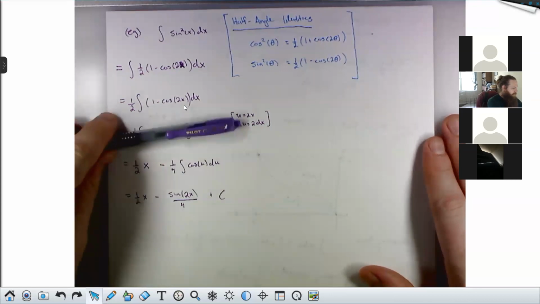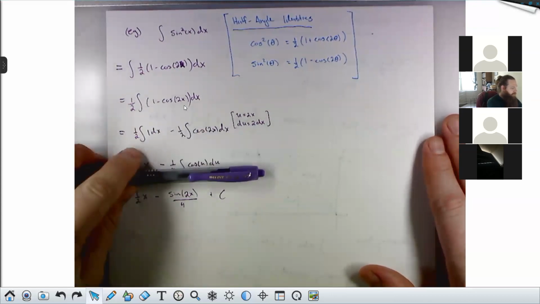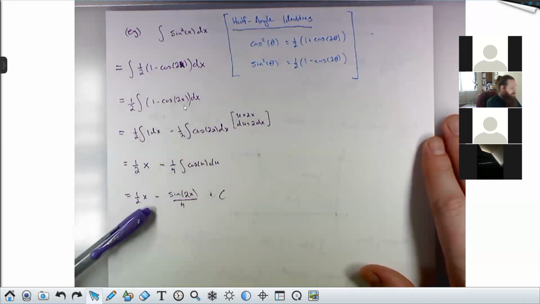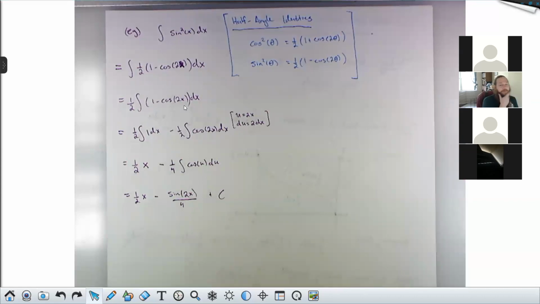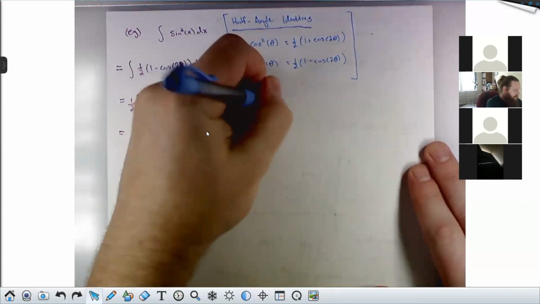And most people wouldn't write either of these steps. Most people would just jump from here to here. Little u subs like this, where the differential is a constant, I'm going to refer to as micro u subs, and they're the sort of thing you want to get good at doing fast.